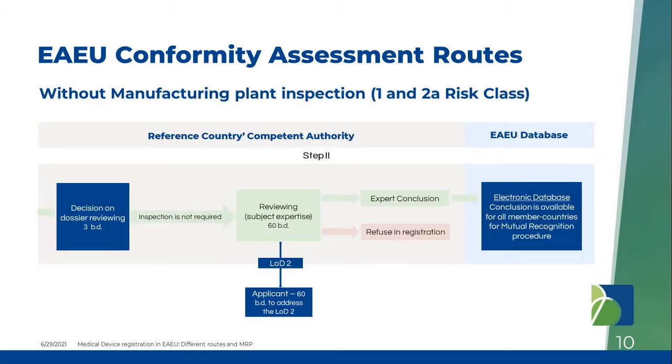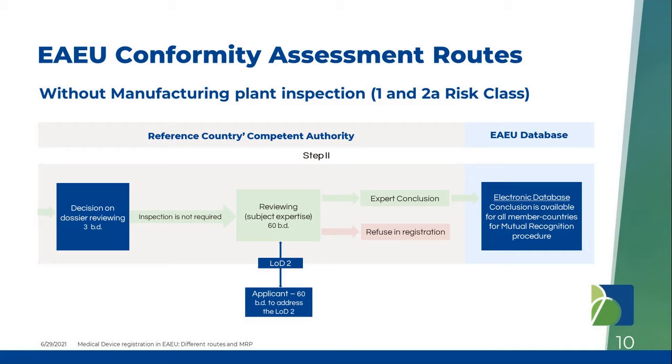The next steps will be different for risk class 1 and 2A non-sterile and other classes. Let's review the easy case. We have a low risk medical device. The dossier should be reviewed again. A responsible person in the competent authority should be appointed, and the decision on the start of the registration should be made during 3 days.